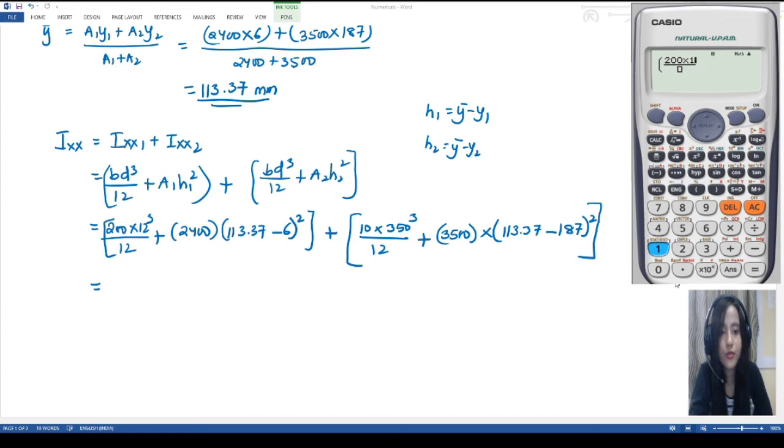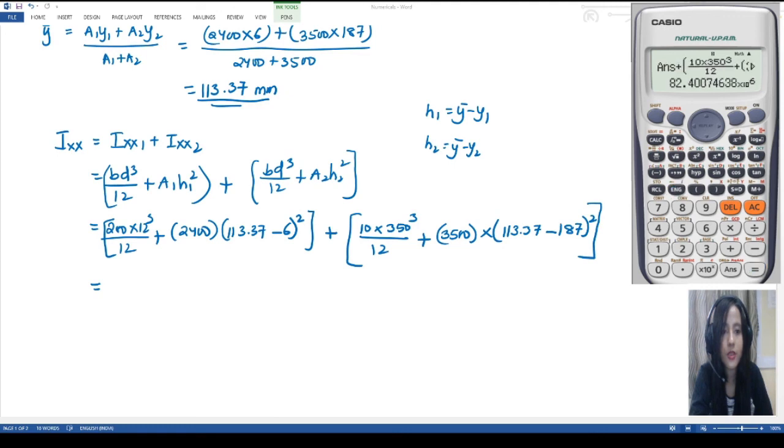200 into 12 cube by 12 plus area into its height h, minus 6, the whole square, plus, for the second Ixx2 I'm doing it here altogether, 10 into 350 cube by 12 plus area into its distance, minus 187 square.